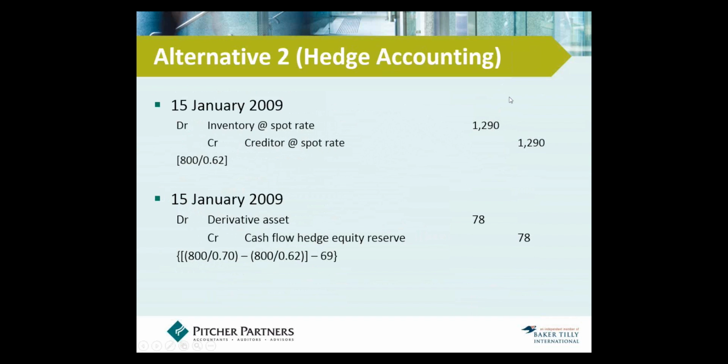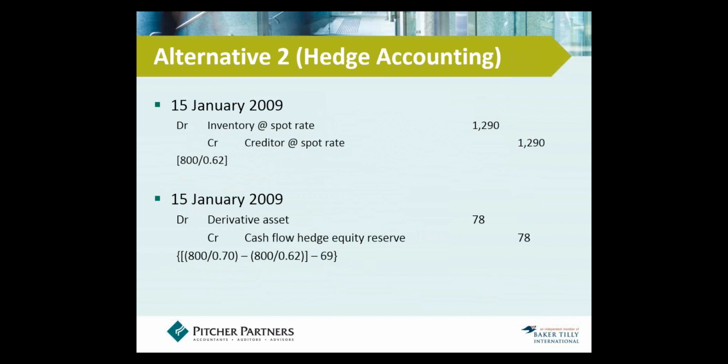So the next journal on the 15th of January, we receive the inventory, therefore we say debit inventory at the spot rate, which is 1290, and we credit the creditor at the spot rate. So that's exactly what we did in our previous example. The next journal is different. We remember that we've got a foreign exchange contract, and therefore we say debit derivative asset with the 78. Remember, we work out the value of the derivative asset is the 147, and we say, but we've already accounted for the value on 31 December of 69.